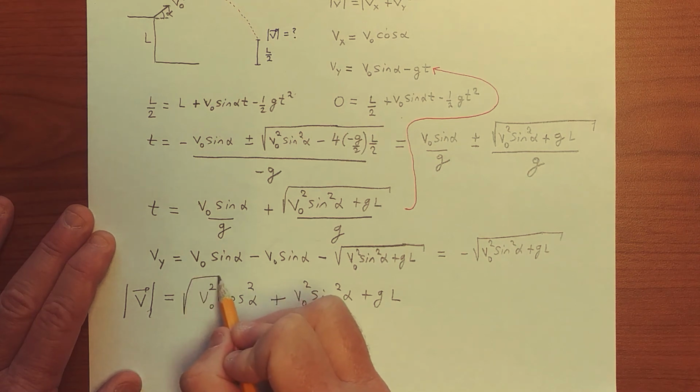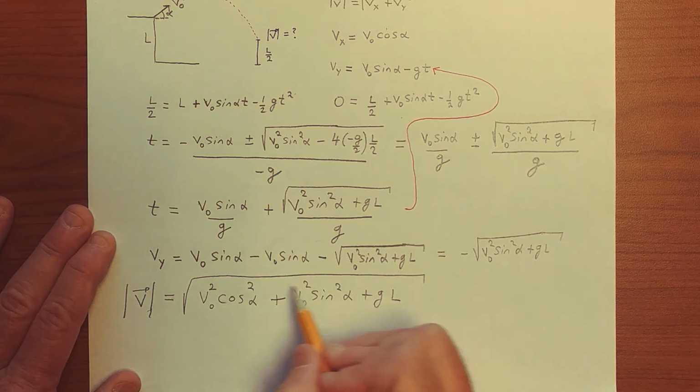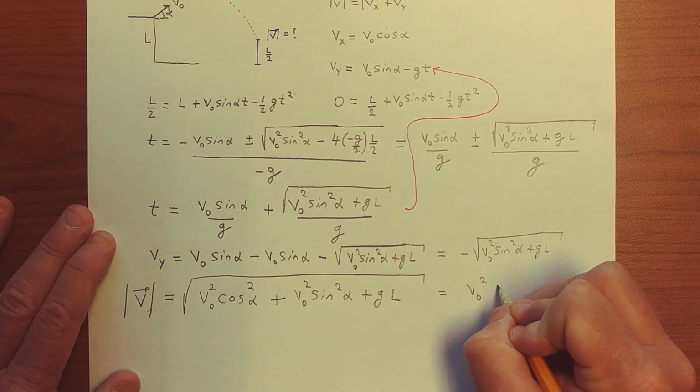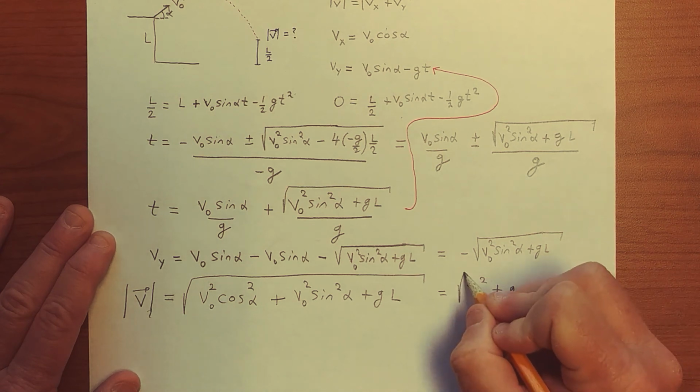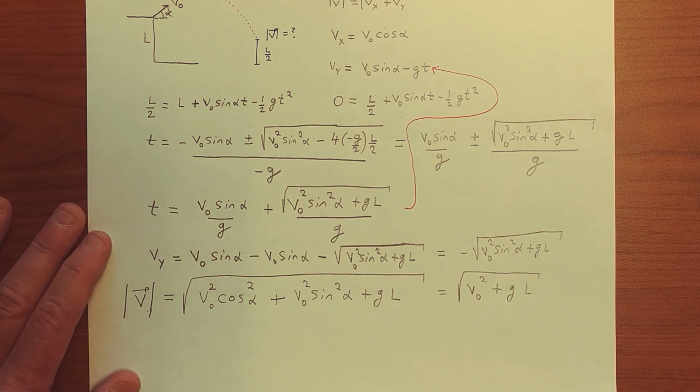And we have to take the square root of that. Of course, these two add up to V naught squared, and we have plus GL. And of course, we'll take the positive root because we want the speed. So that's our speed at that height.